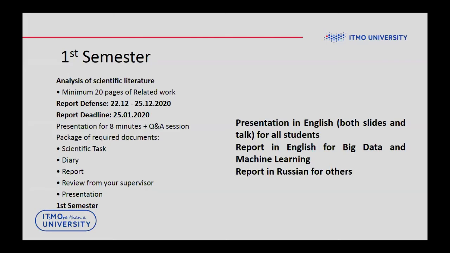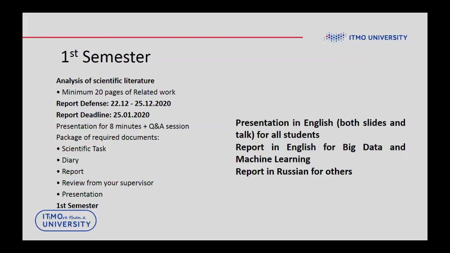Normally in the first semester, you will write a review or analysis of scientific literature. You can do some practical tasks as well. It depends on the individual task, but everyone should write this review of related work. The minimum volume is 20 pages.